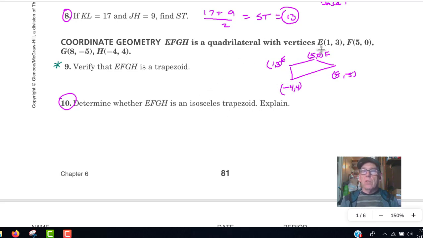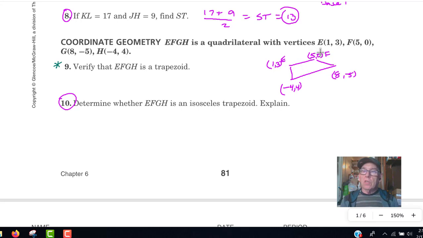Now let's see. I'm not sure if it fits this diagram. So we're looking for, if it's a trapezoid, then one set of sides is going to be parallel, and the other side's not going to be parallel. So that's how we would verify it.